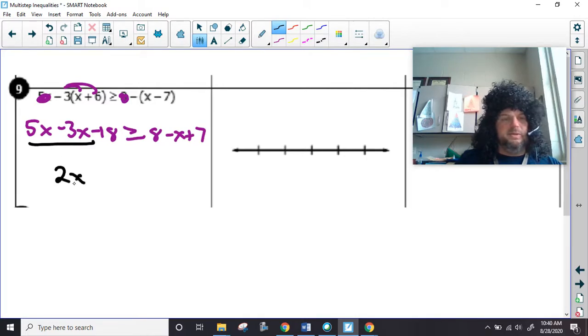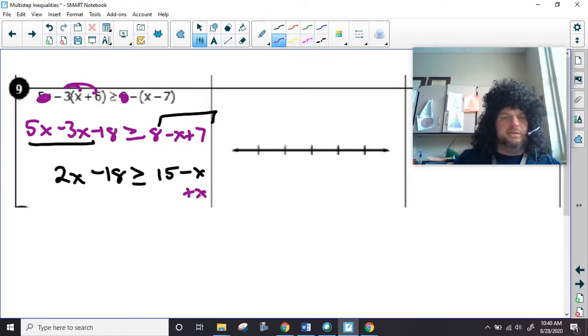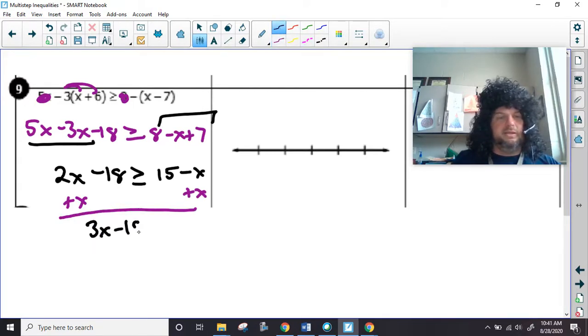This gives me 2x minus 18 greater than or equal to. Over here, I'm going to combine these two. This gives us 15 minus x. Then I'm going to add x to both sides. 3x minus 18 greater than or equal to 15.